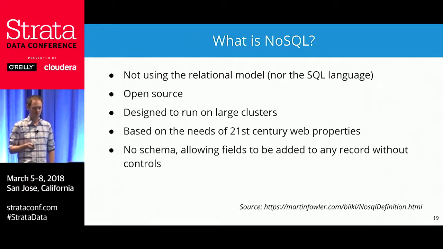One is that, obviously, they don't use SQL. So they don't use the relational model or the SQL language. Another is they were all open source, designed to run on large clusters, designed to meet the needs of 21st century web properties around having massive scale, real-time data, and also having no schema, so being able to add columns without having a lot of controls around that.